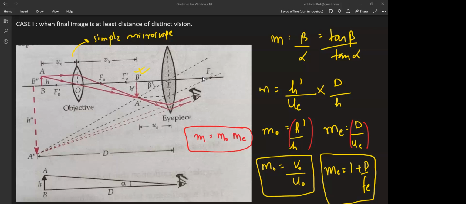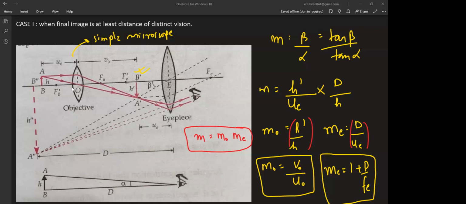This property you must be knowing. So we cannot see the image like this, we can see it in a straight path only. So we always straighten it. You must have noticed this. Finally, this is the final image that we have obtained.